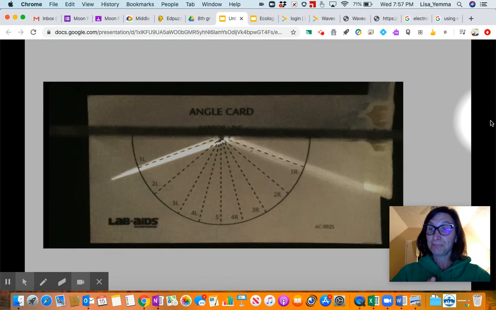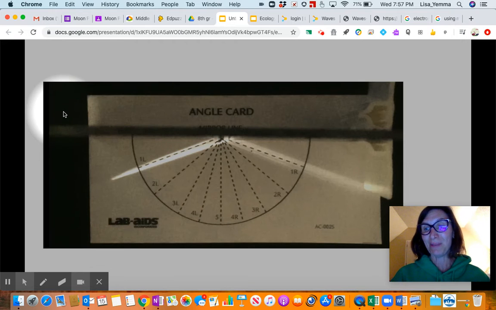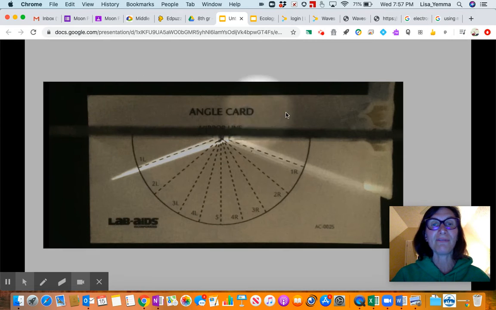Here's the reflection. When I shine the light in at 1L, 1 on the left, this is considered the angle of incidence. So you're seeing here, we have a little bit of geometry going on. We have our flat plane, our planar surface, that flat mirror.